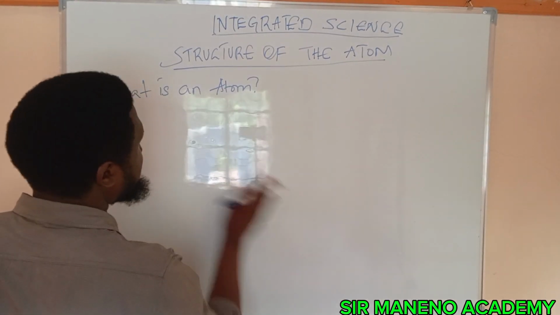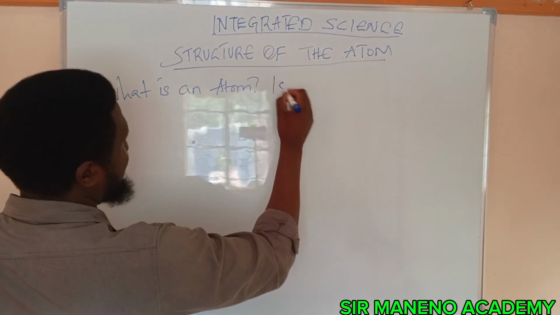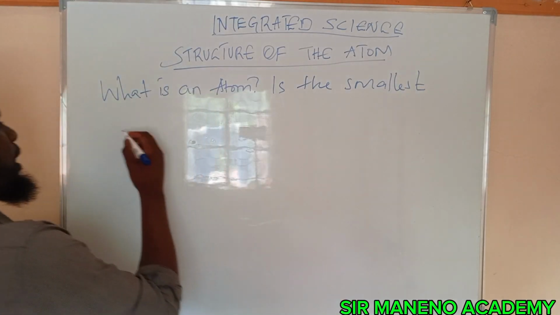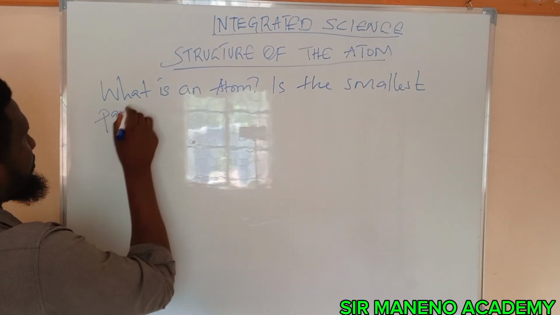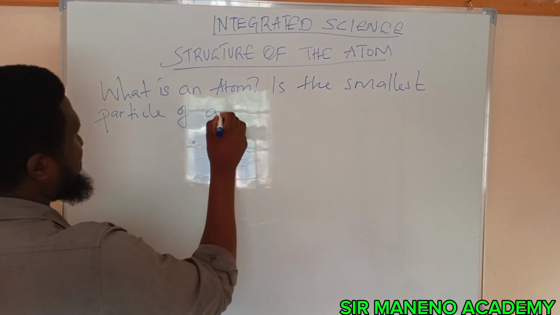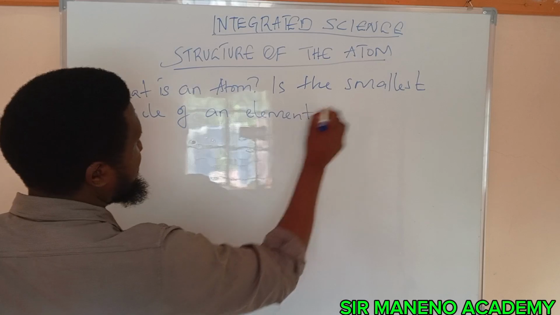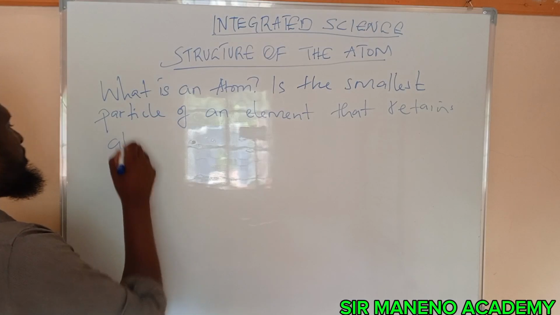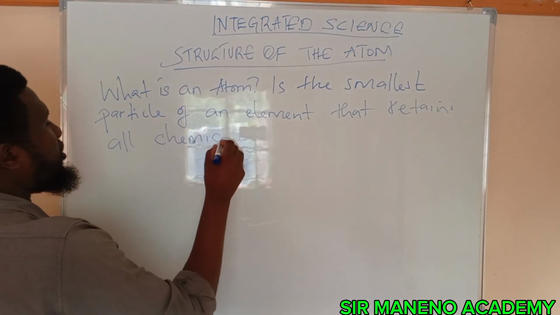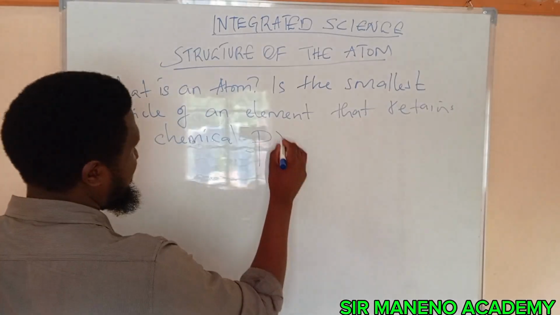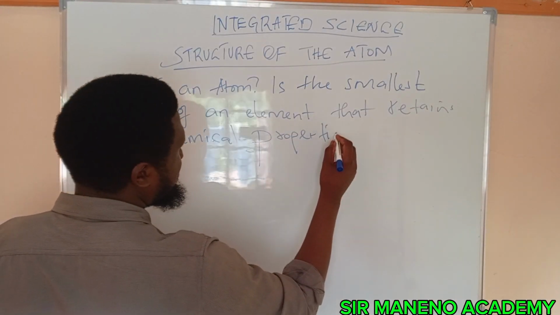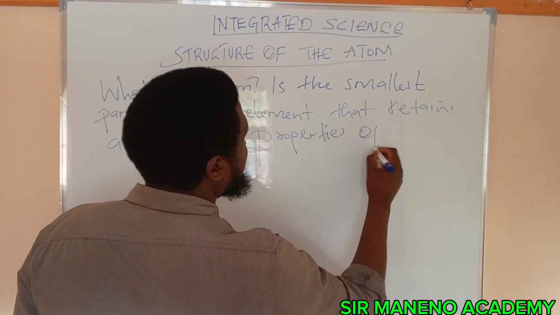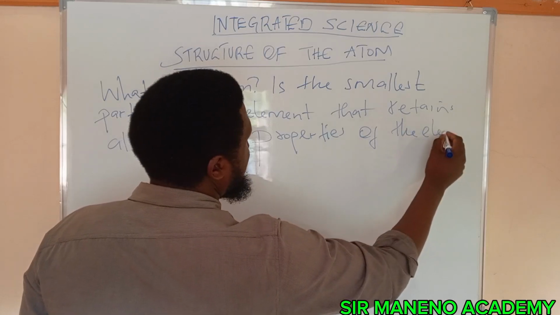So an atom is the smallest particle of an element that retains all chemical properties of that element.